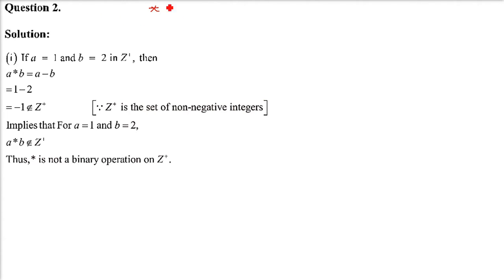This is almost similar to it, and this is an NCERT question. So one by one we'll take. The first one is on Z plus, defined by A star B equals A minus B.